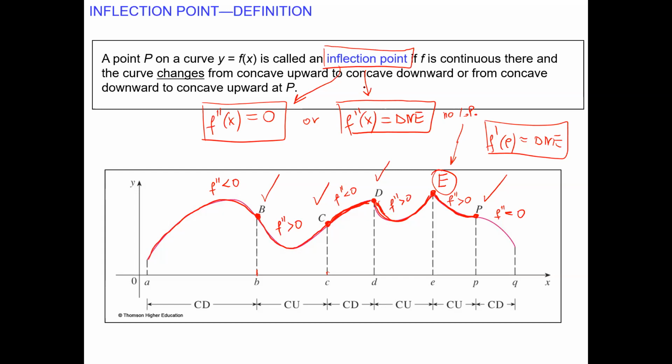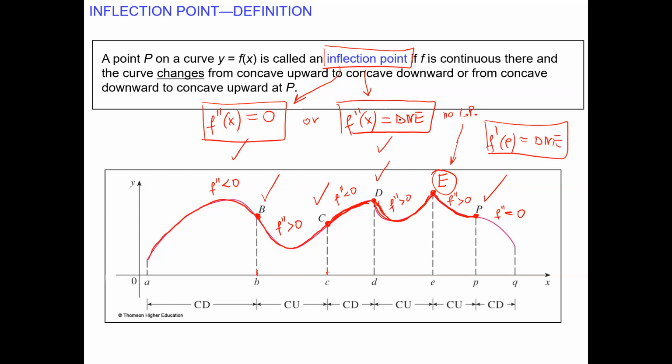But the next step was to identify if these critical numbers give us extreme values, and not all of the critical numbers give a local maximum or local minimum. The same happens here. We solve these equations, find all of the x's, and they are extremely good candidates for the inflection points.